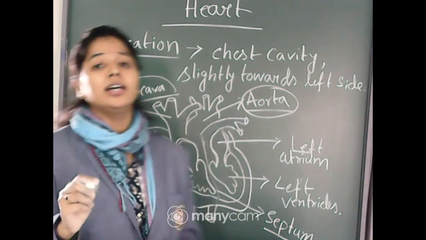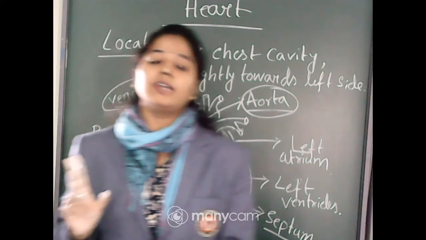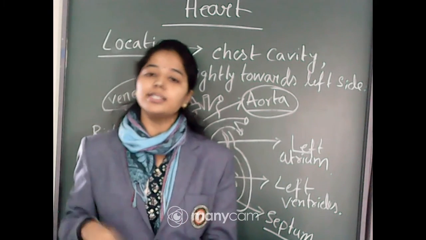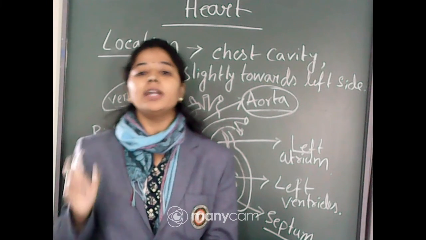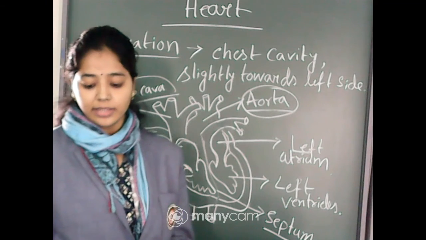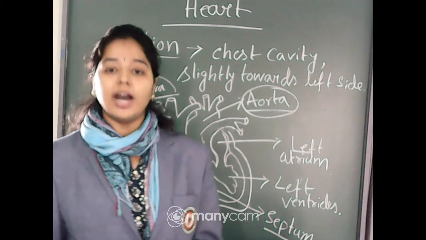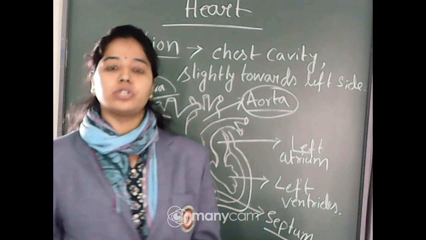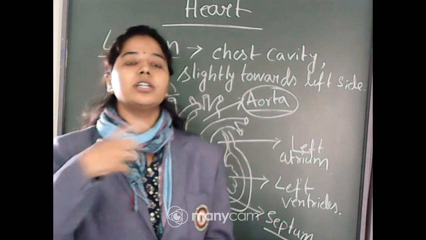There are actually two types of vena cava. One is the superior vena cava, another is the inferior vena cava. The superior vena cava is only responsible for carrying blood to the heart from the upper portion of our body.